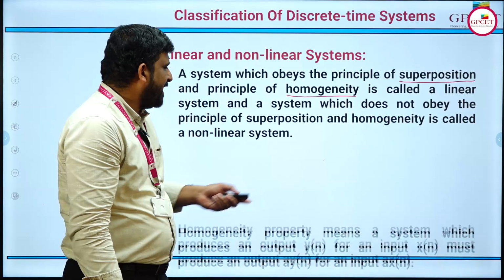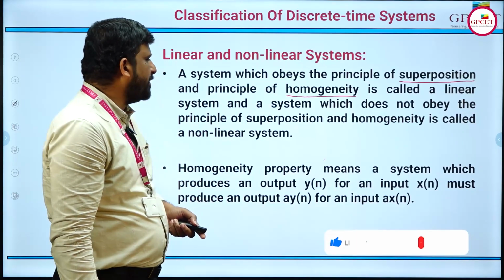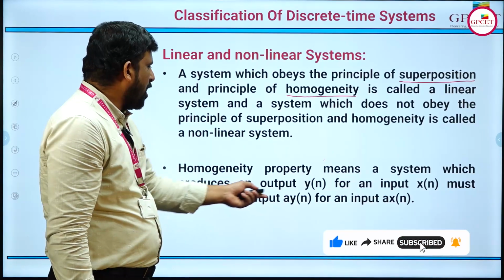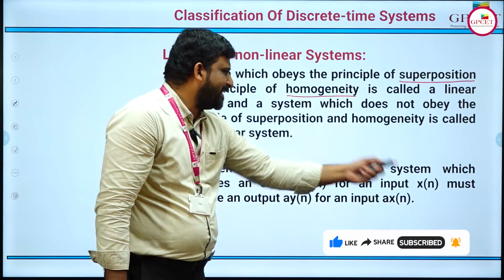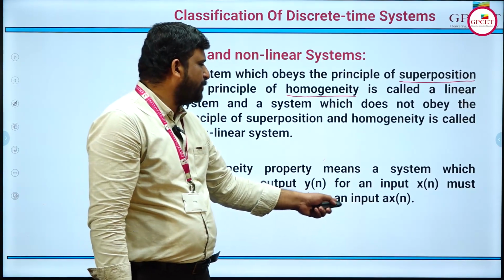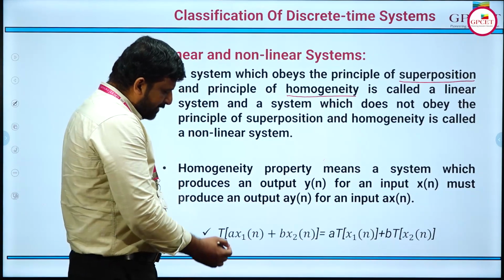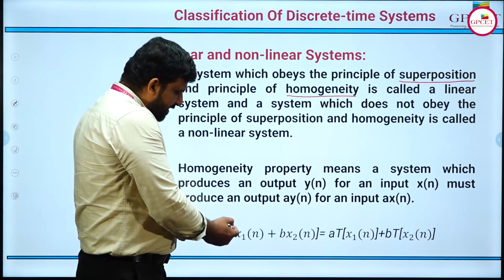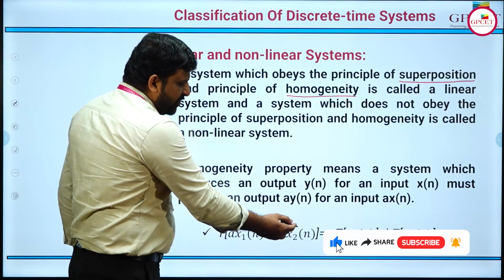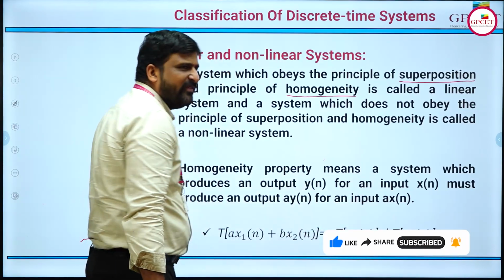You can see the example, the homogeneity property. What is the homogeneity property and what does superposition mean? You can see here an output y of n for an input x of n must produce an output a y of n for an input a x of n. Directly you can see it will be very clear by seeing this particular equation: the input a x1 of n plus b x2 of n should produce a y1 of n plus b y2 of n.